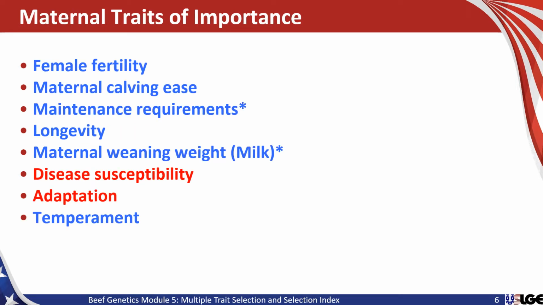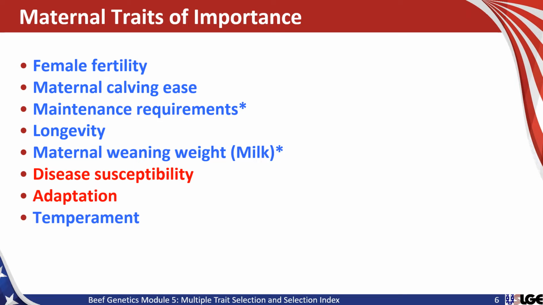Contrast the list of traits important for terminal sires compared to those that are important for maternal characteristics such as female fertility, maternal calving ease, how easily a bull's daughters will give birth during their first parturition. Maintenance energy requirements, largely driven by differences in weight at maturity.